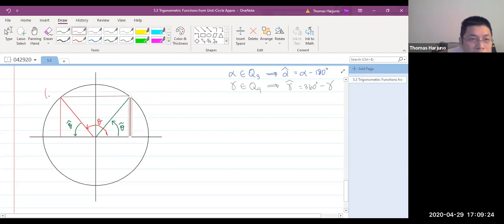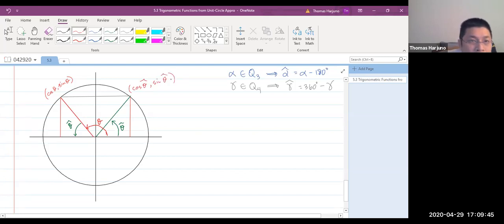Okay, so let's say the coordinate here is, of course, cosine theta, sine theta. And the coordinate here is cosine theta hat, sine theta hat.